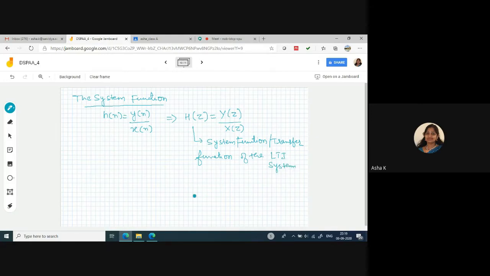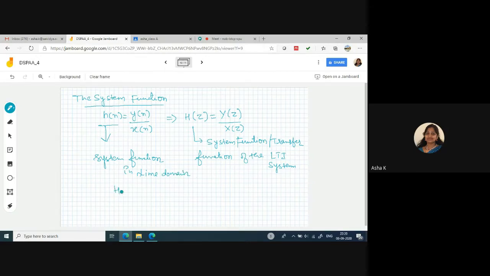The system function here characterizes the system in the frequency domain.